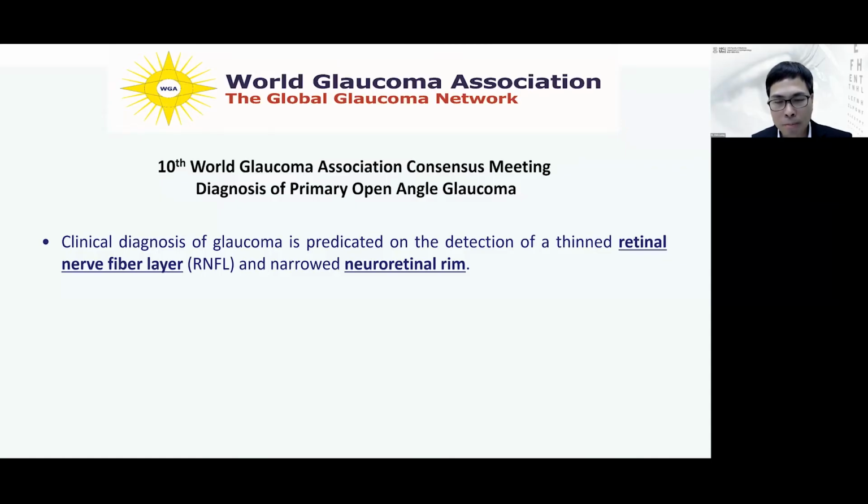These are the 2 most important parameters in the diagnostic evaluation of glaucoma. The retinal nerve fiber layer is a more sensitive indicator of optic nerve damage in glaucoma, whereas the neuroretinal rim is a more specific indicator of glaucoma. I'll unpack that later on in the presentation.